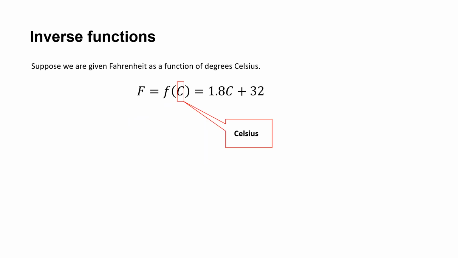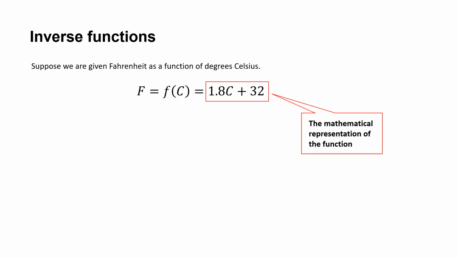We have this C, which is the value in degrees Celsius. And then we have this actual mathematical relationship that governs it: for any given Celsius, we multiply it by 1.8 and then add 32, and this will give us the corresponding value in Fahrenheit.